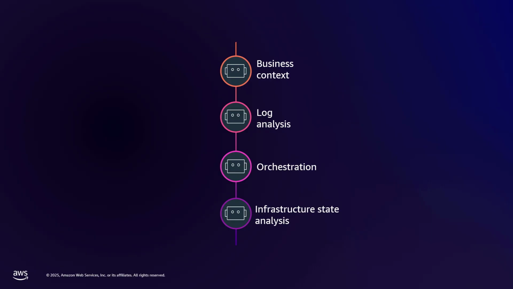Thirdly, we're going to look at how, with those 2 agents, we orchestrate across them. So in an incident response context, maybe we want to do both of those things. We want to do some log analysis and we want to marry it up with some business context. And then lastly, we're going to look at using one of the native tools within Strands Agents SDK to poll infrastructure state in our environment.